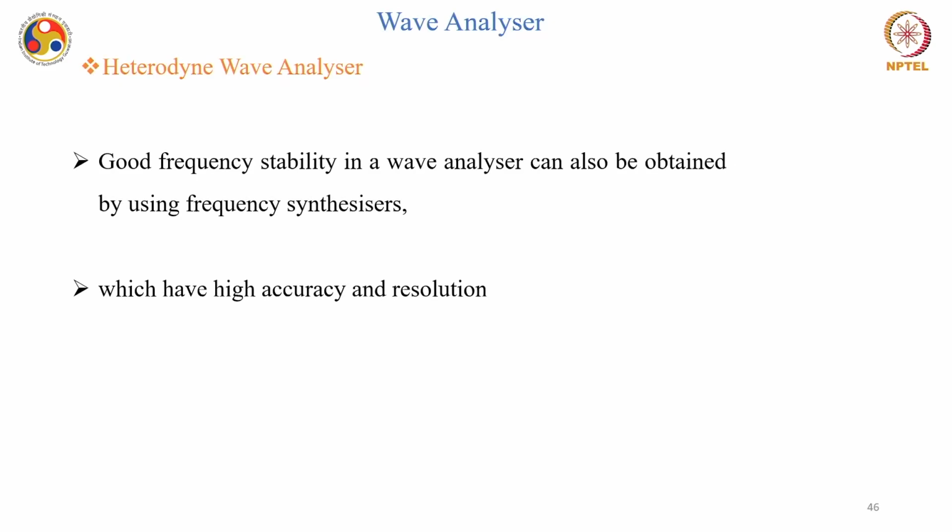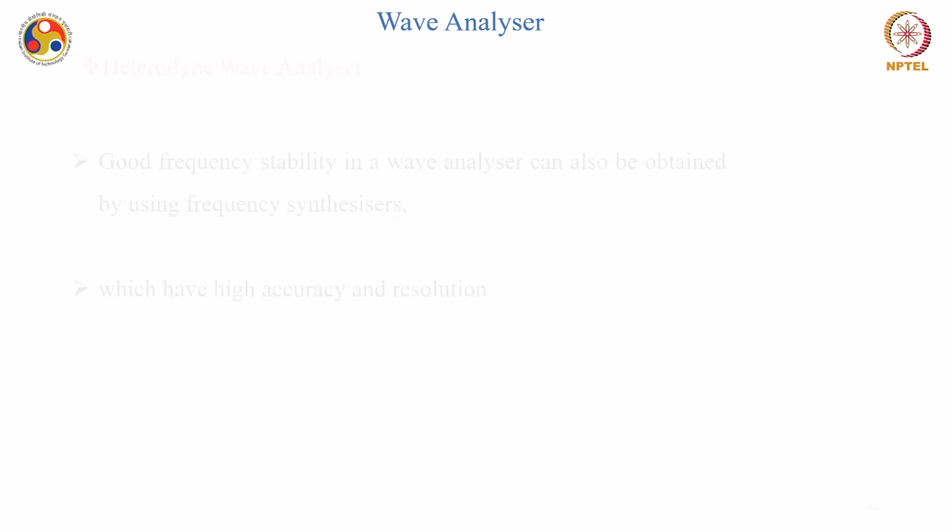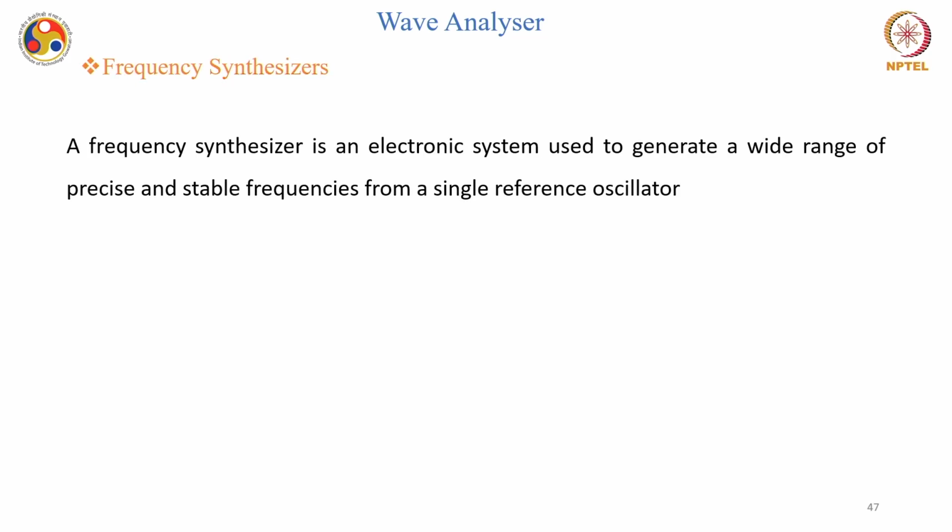Good frequency stability in a wave analyzer can also be obtained by using frequency synthesizers, which have high accuracy and high resolution. A frequency synthesizer, if you do not know, is an electronic system which is used to generate a wide range of precise and stable frequencies from a single reference oscillator.